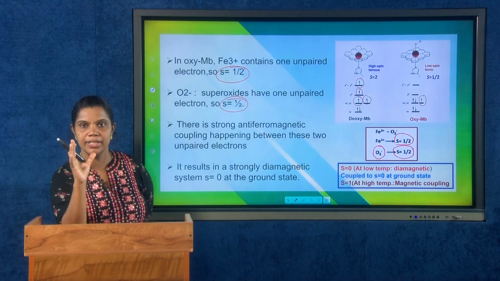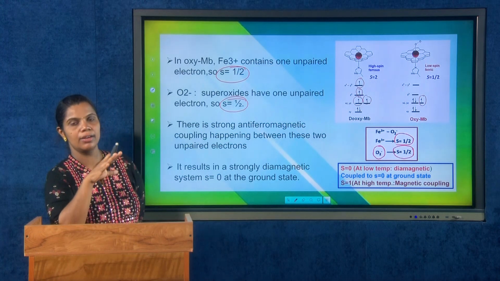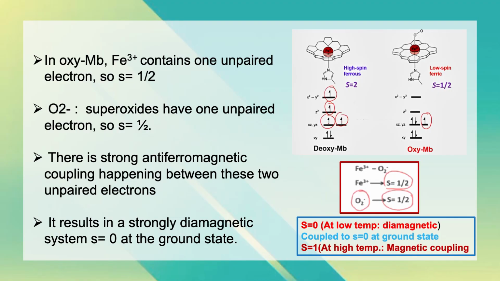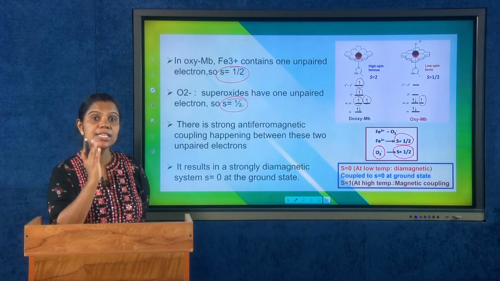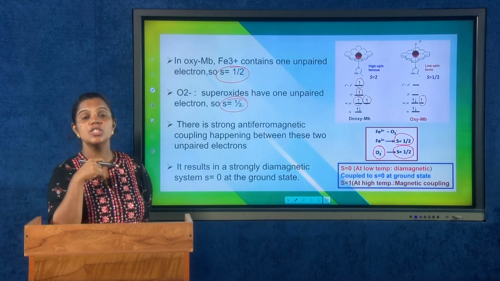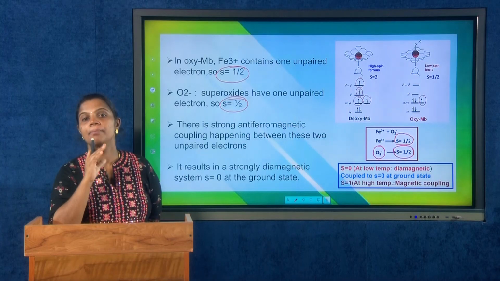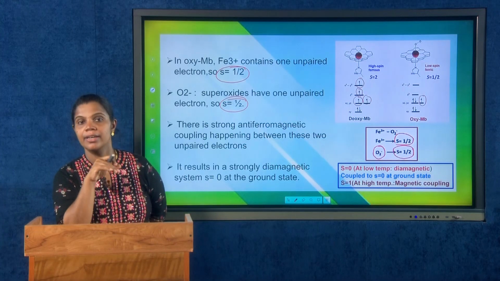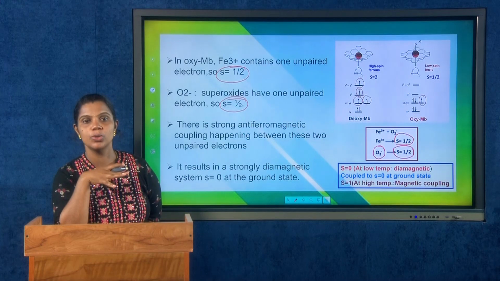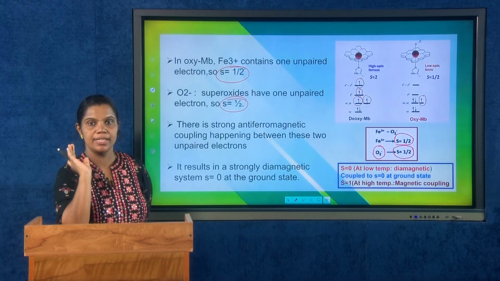So, what happens here? The superoxide radical has a spin of half, and the oxymyoglobin Fe3+ in the low spin state also has an unpaired electron. So, a strong antiferromagnetic coupling occurs between these two species. It will become strongly diamagnetic due to this antiferromagnetic coupling between the two unpaired electrons at the ground state.